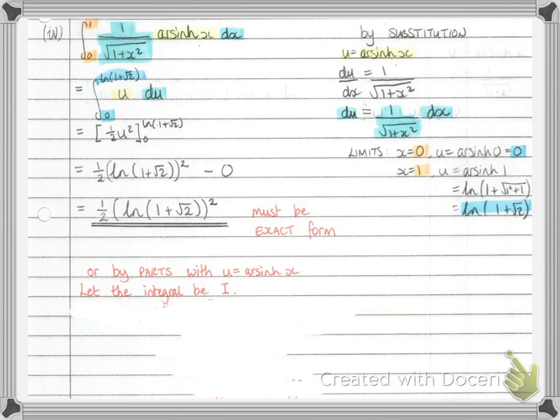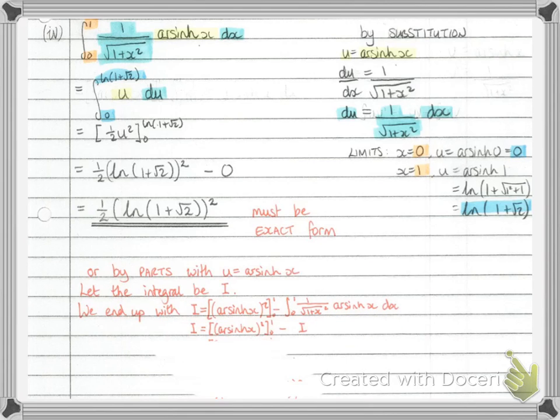You put this into the integration by parts formula, and what you'll get is your u is arcsin x, so your v dash is 1 over root 1 plus x squared, so your v is also arcsin x, and your u dash is 1 over root 1 plus x squared. So when you put this in, you end up with your uv just being arcsin x squared, and then it's minus the integral of u dash v, which is actually the original integral.